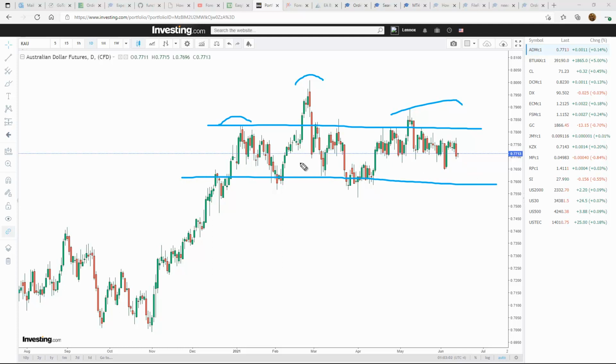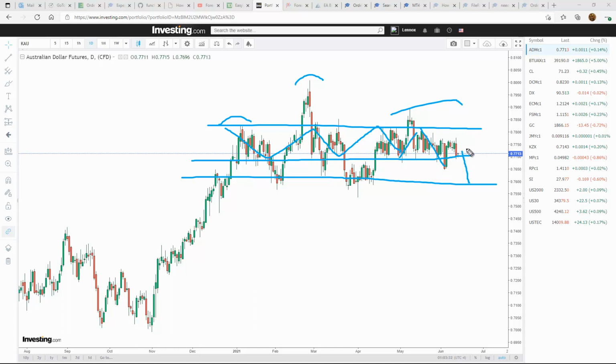Because it's been a very choppy affair along this level of the pattern, what we're seeing here is a breakdown of the pattern, and the expectation now is that we should see continued movement downwards. Are we correct? Only time will tell.